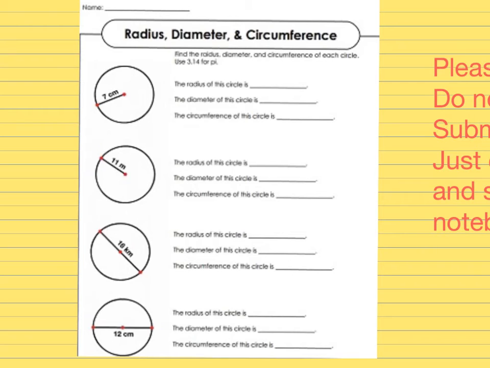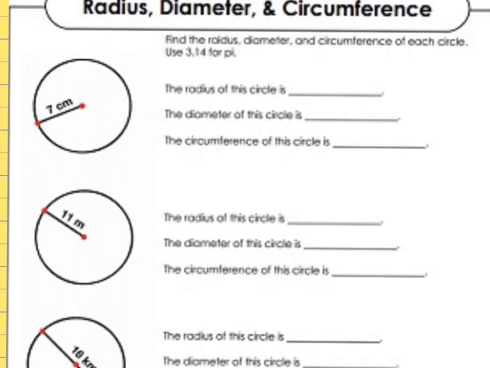So let's see. Let's say we have the circle, right? As you see, the radius is 7 centimeters. So then with that information, we can answer these questions. What is the radius of the circle? Well, obviously 7 centimeters.